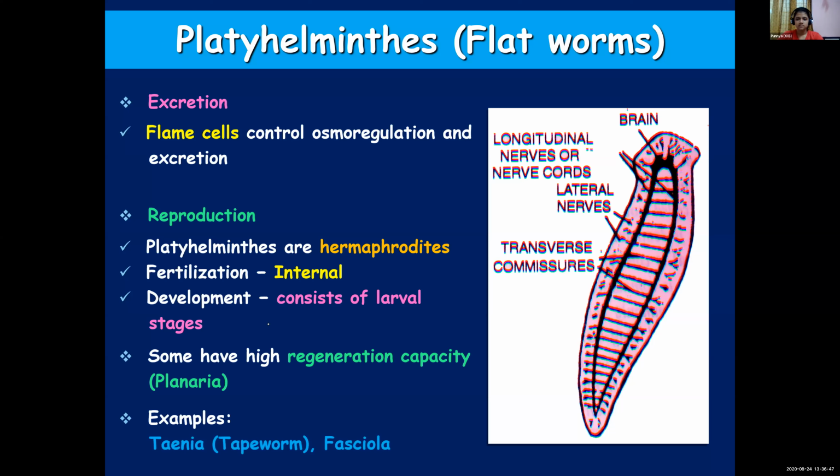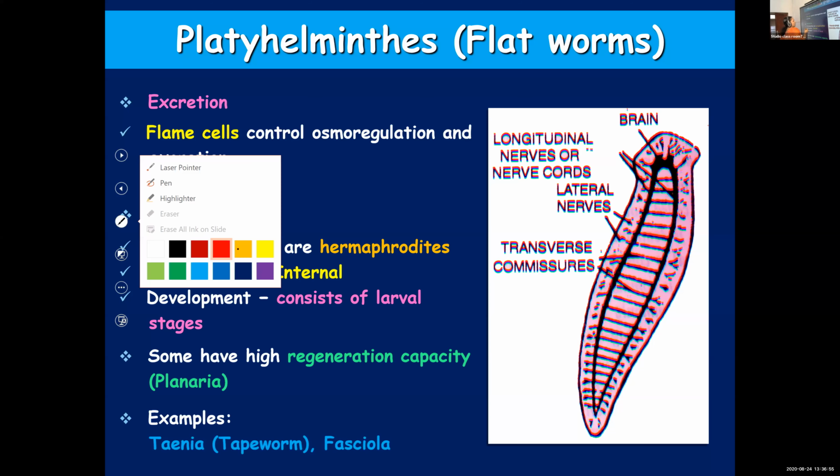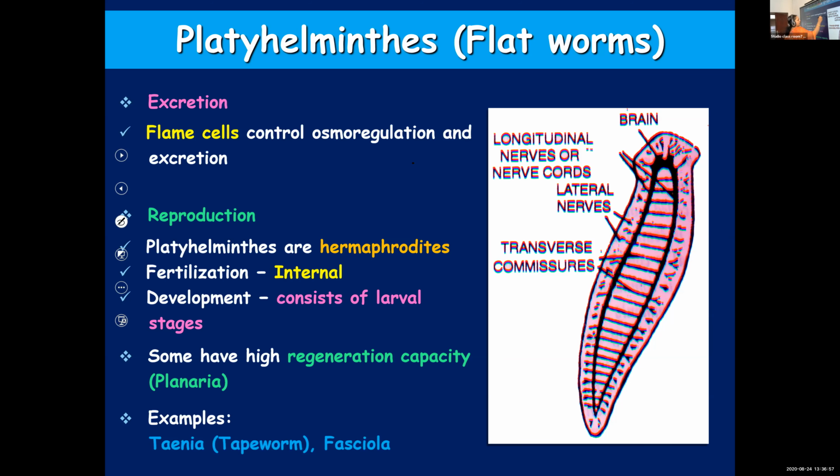If this particular organism, a planaria, is divided into 3 pieces, just imagine 1, 2, and 3, the first piece can regenerate the second and third one.